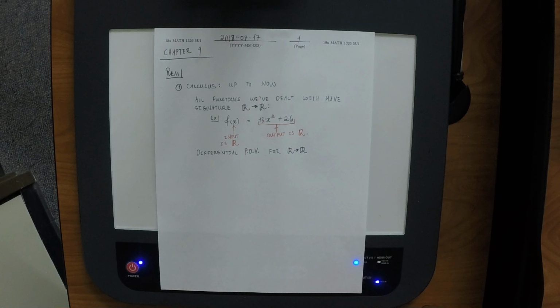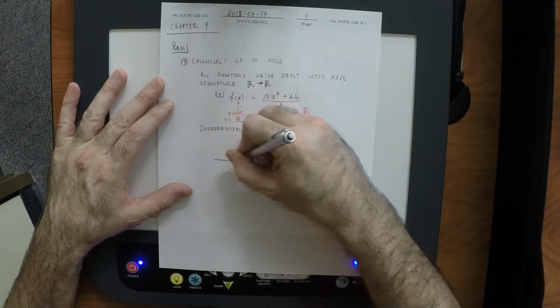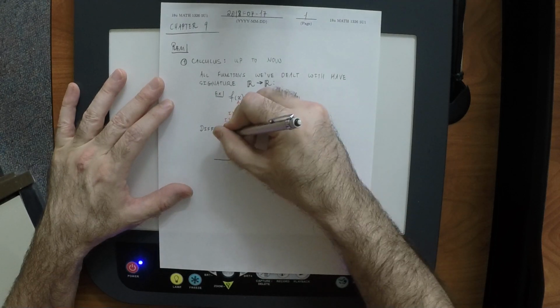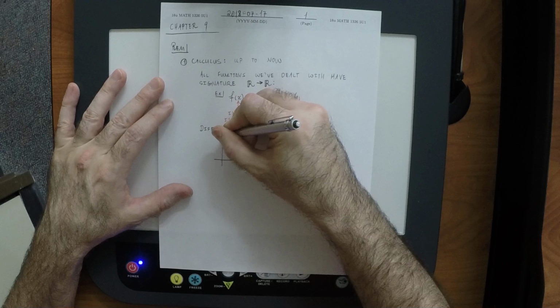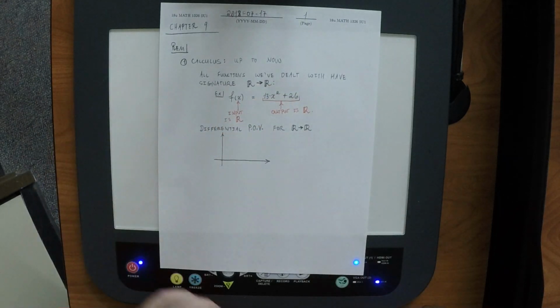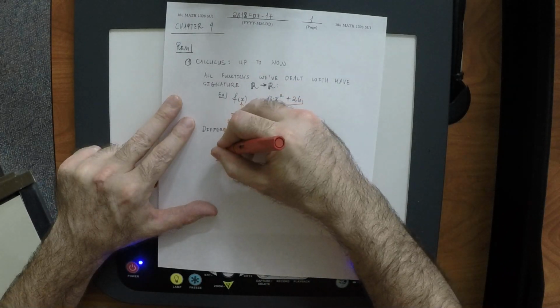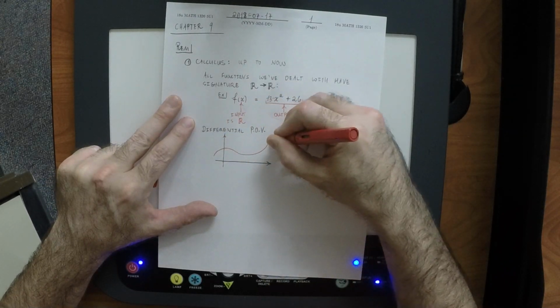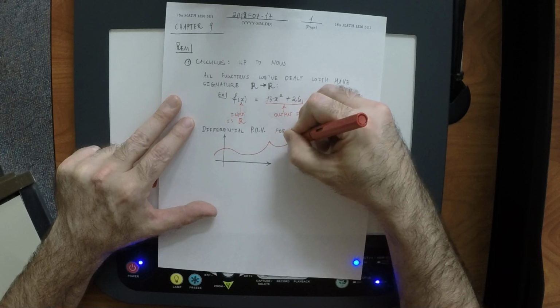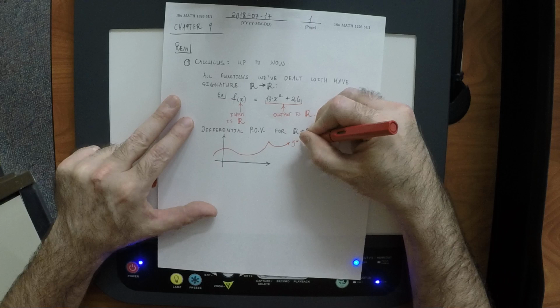Essentially, you take a function and look at its plot, maybe the plot of y is f of x.